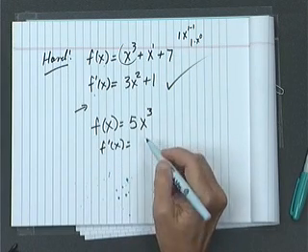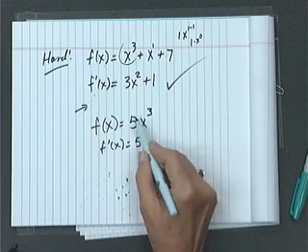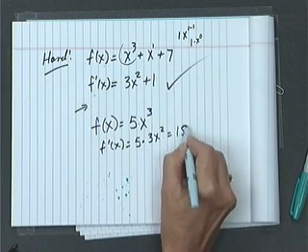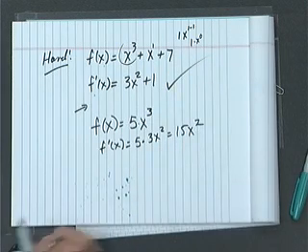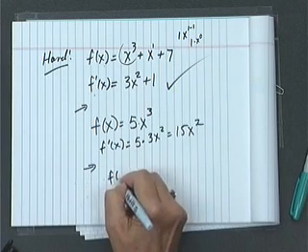What do you think that might be? 15x squared. Right, it's going to be 5 times, because you have a constant, 3 times x squared, or 15x squared.